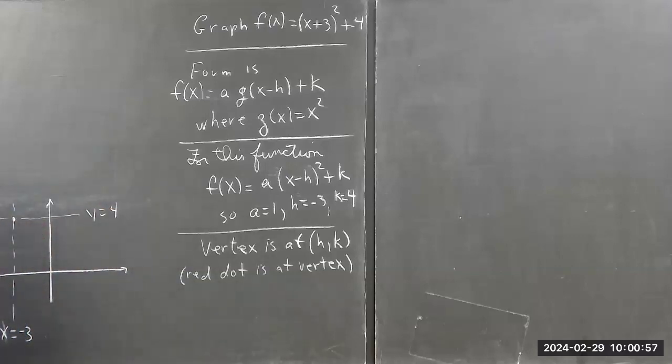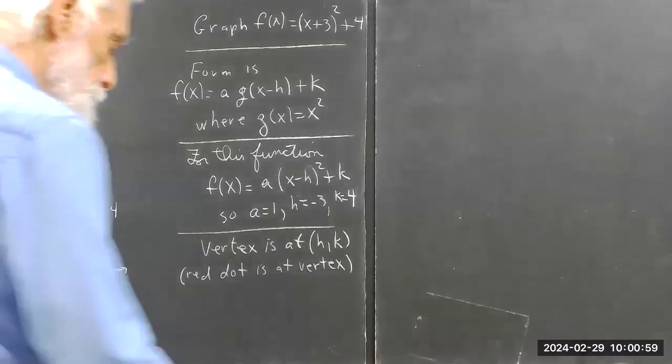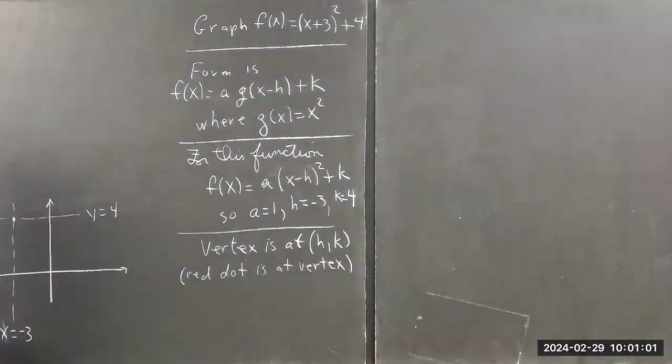And here's our vertex. h, k is -3, 4. Okay.